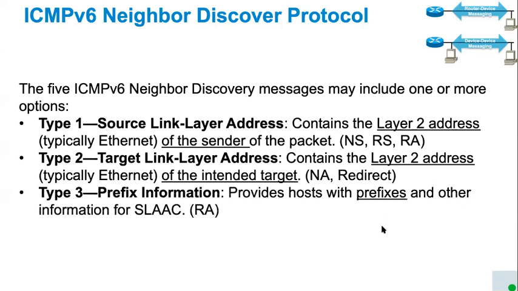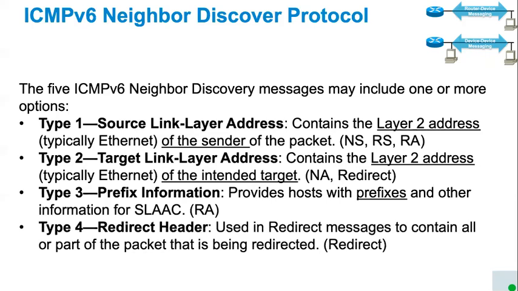Type 3 is prefix information. This means that the router neighbor discovery message includes the prefix or prefixes of the link. Of course, that's used with a router advertisement message. Type 4 is a redirect header. This is information that is used with the redirect message, of course.